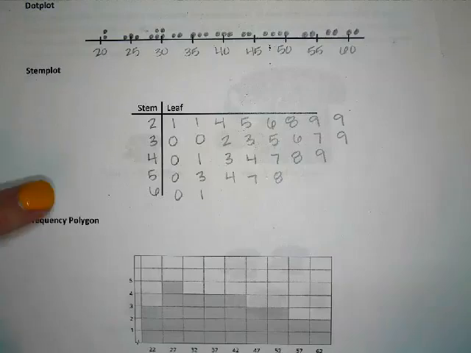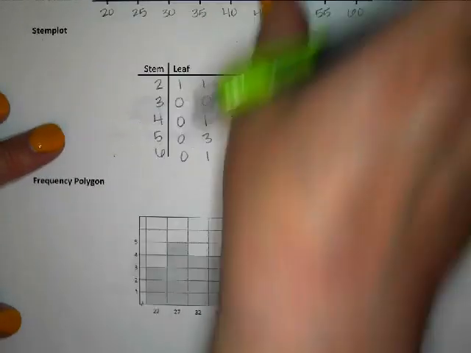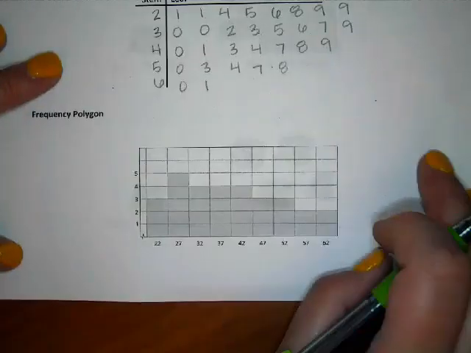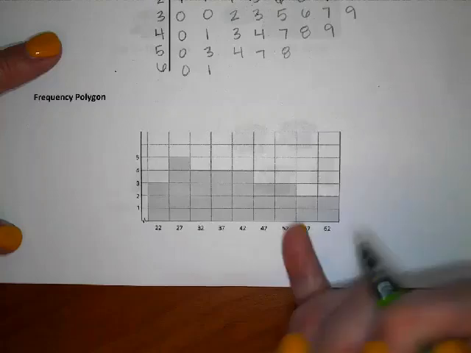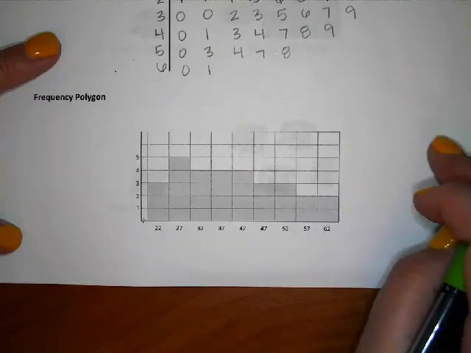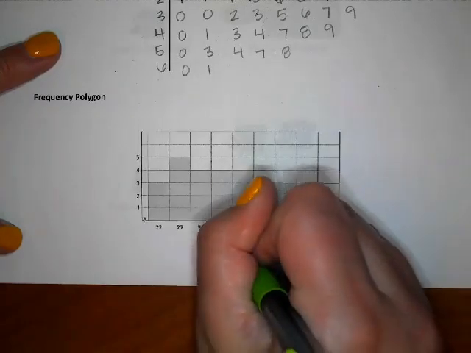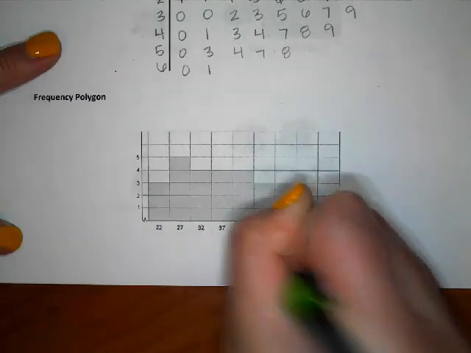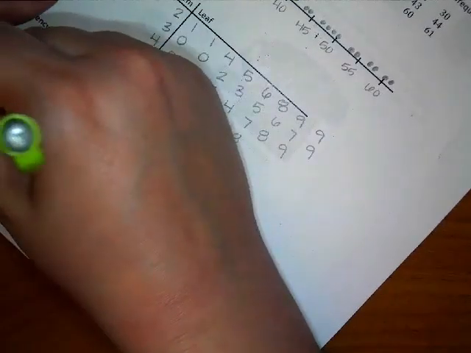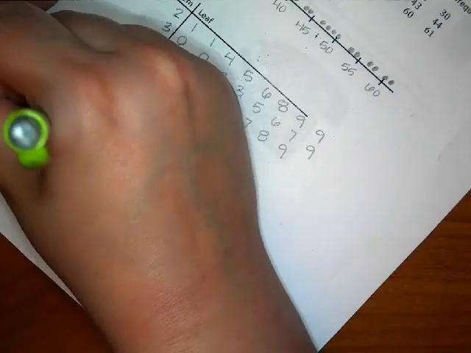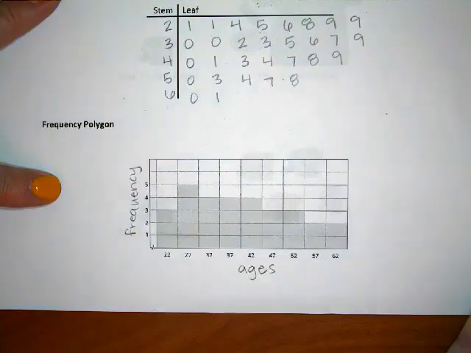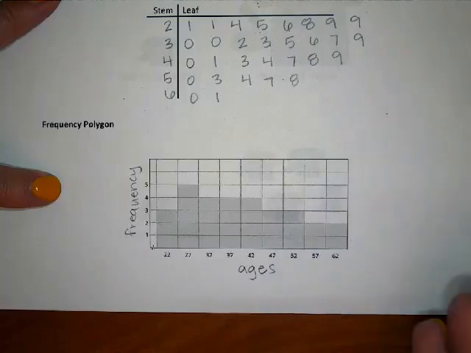All right. For our frequency polygon, I decided to make your lives a little bit easier. I copy-pasted the histogram that we had from before. So this is the numbers representing our ages. On the side, we have the frequency. So you would not draw the histogram first. I just want to show you how the two pictures are related.